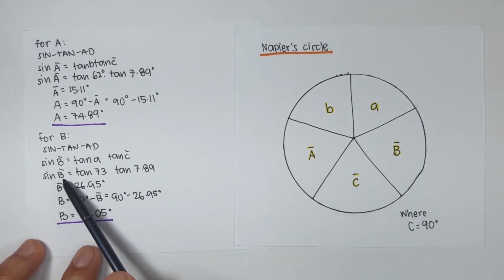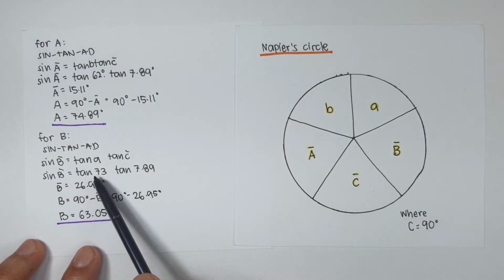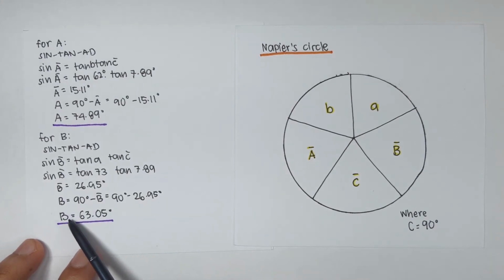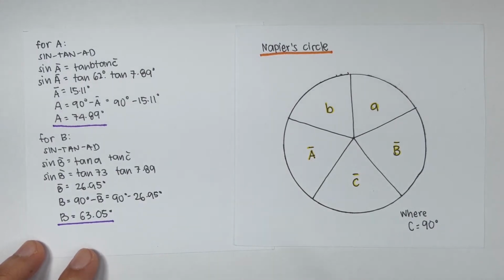That's sine B bar is equal to tangent of 73 times tangent of 7.89. B bar is equal to 26.95 degrees. And angle B is equal to 90 degrees minus B bar. So that's 90 degrees minus 26.95 degrees. And therefore, we get angle B is equal to 63.05 degrees.